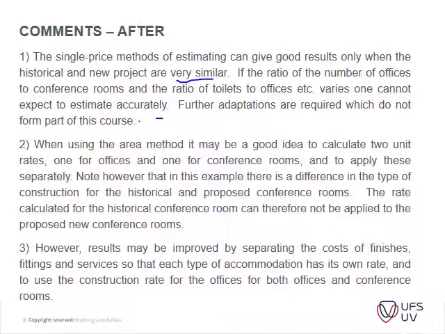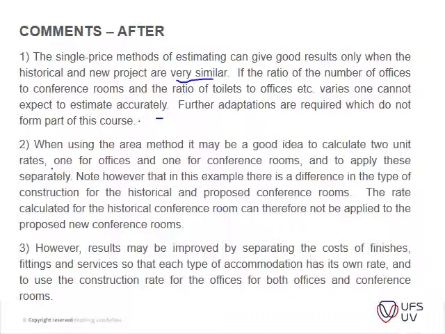When using the area method, it may be a good idea to calculate 2 unit rates, one for offices and one for conference rooms, and apply these separately. Note, however, that in this example, there's a difference in the type of construction for the historical and proposed conference rooms.